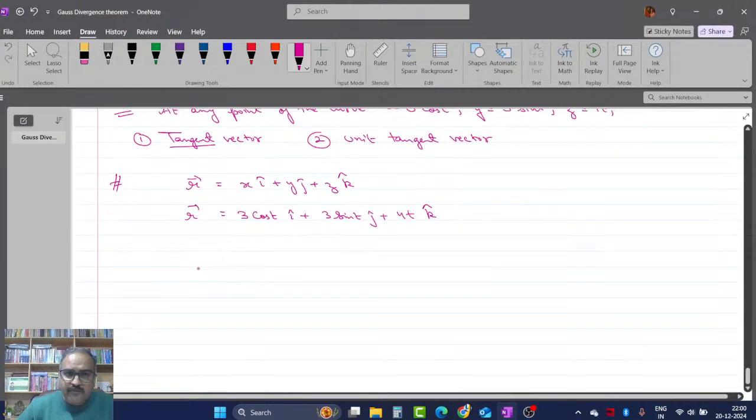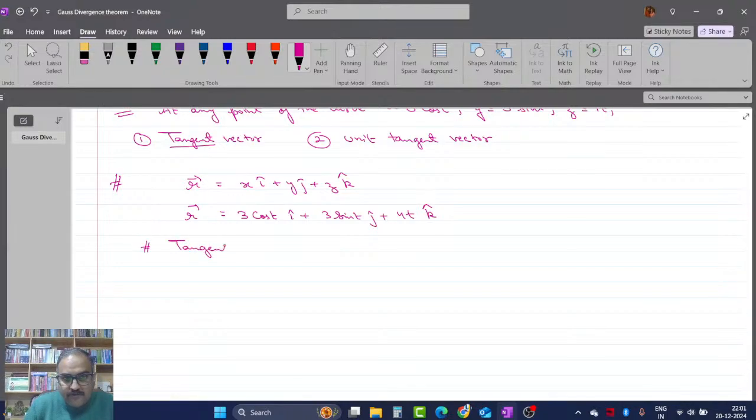Now when I'm talking about tangent vector, what is a tangent vector? It is the first derivative of the position vector. Tangent vector is basically dr by dt, and it is abbreviated as T vector. Okay, T vector is called the tangent vector.